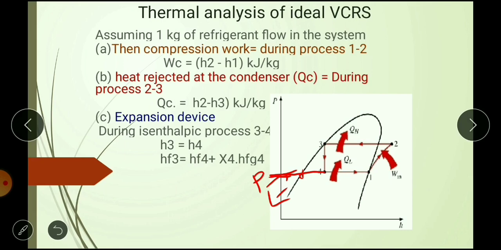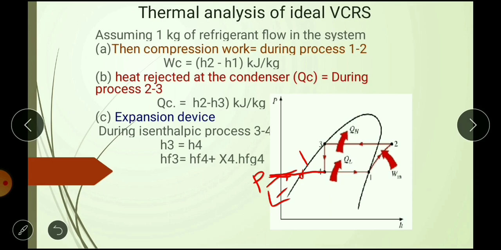At that point the enthalpy can be denoted as HF, that means the enthalpy of saturated liquid, but at which pressure? At a pressure of point 4. Therefore, if it is 4 dash, then the enthalpy at point 4.